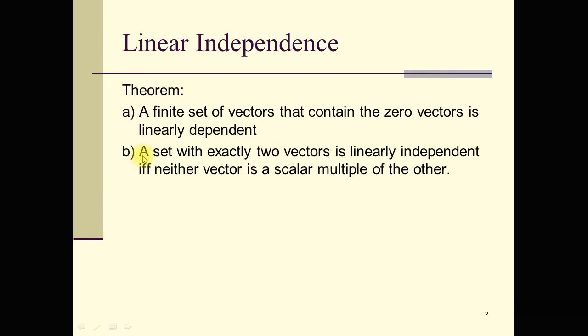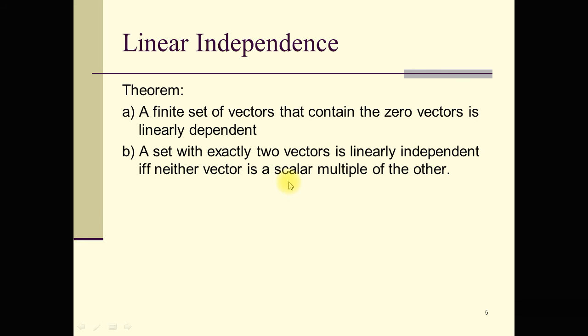And now another part of this theorem: a set with exactly two vectors is linearly independent if and only if neither vector is a scalar multiple of the other. It means that, suppose we have a set of two vectors v1 and v2, v1 is not a combination of v2 and v2 is not a combination of v1.